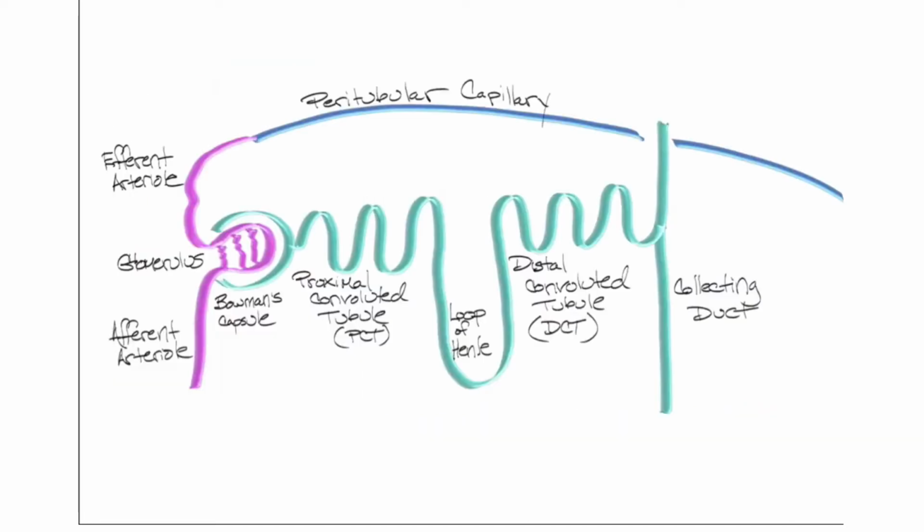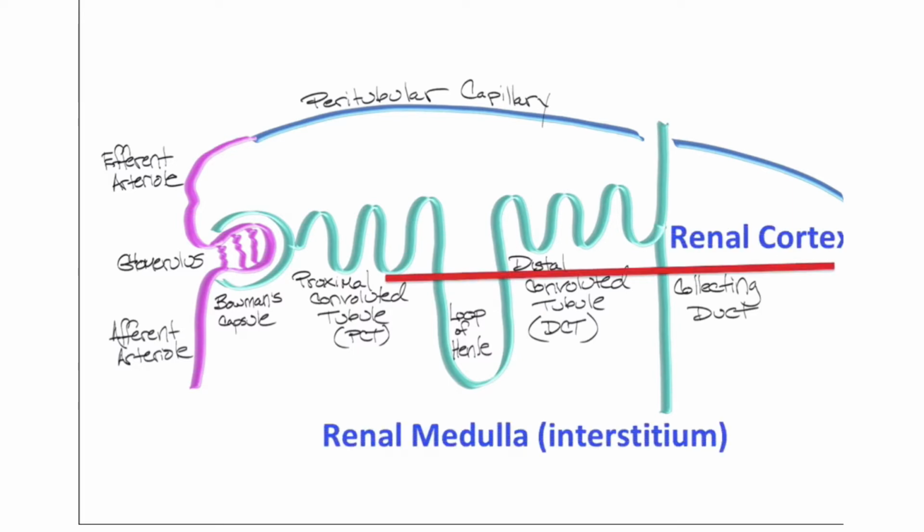Okay, this is a slide we looked at last class, all the components of the nephron. Really what we're focusing on today is everything below this red line. Above the red line is the periphery of the kidneys, known as the renal cortex. Below the red line represents the renal medulla, also known as the interstitium. And what we're focusing on is the loop of Henle, which we see right here.